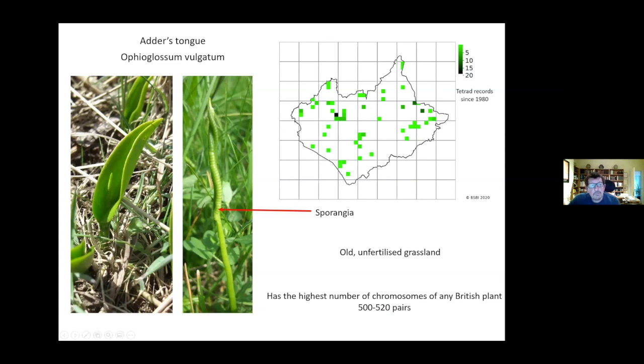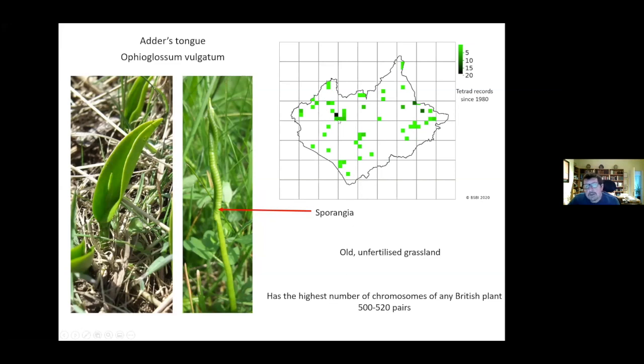This is a picture of one which is growing on the Evington golf course, which Russell found. It's probably an old bit of grassland there that's persisted. The golf course was actually made in about 1900 out of old meadows, so I guess it's just hanging on. It's managed to hang on for 100 years. I hope it hangs on for a bit more.